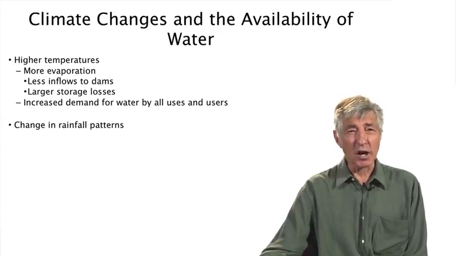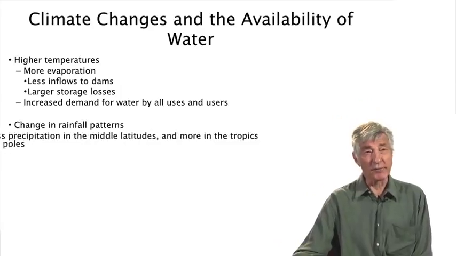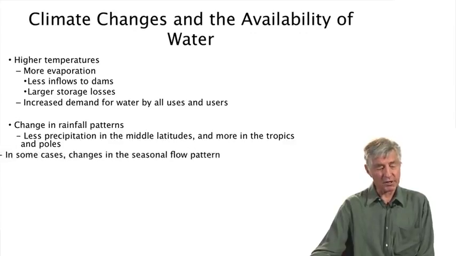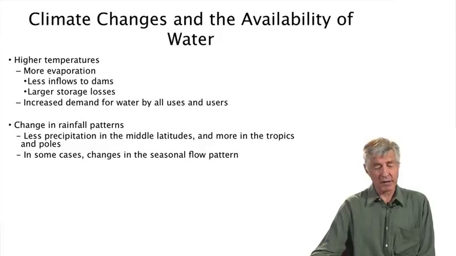There's also, with climate change, likely to be changes in rainfall patterns. So in some of the middle latitudes, there'll be less rain. So that's less water running into our dams. On the other hand, if we go to the poles and to the tropics, then we might actually expect more water.